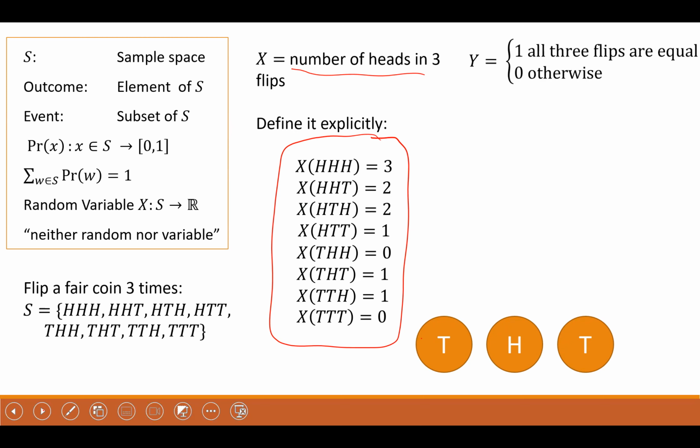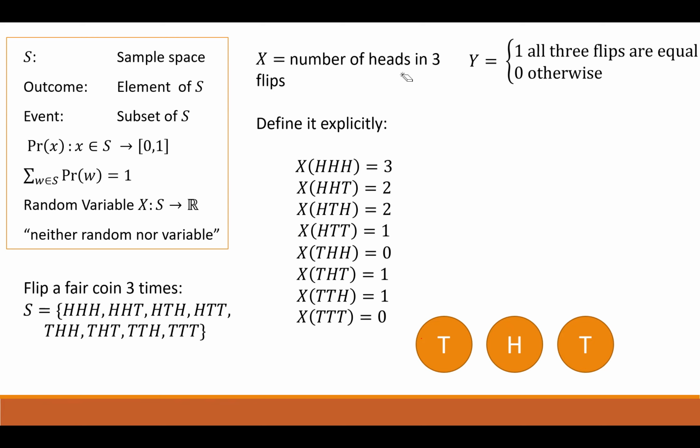Okay. And then I can define a second random variable on the same experiment, on my same sample space S. I can define this random variable Y equals 1 if all 3 flips are equal and 0 otherwise.